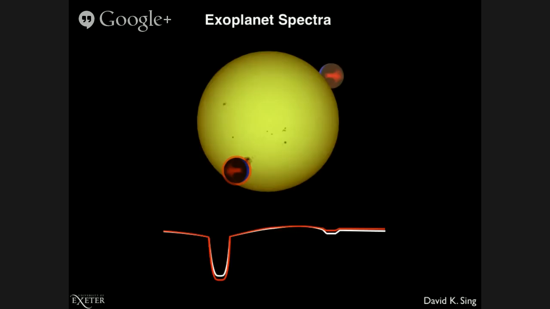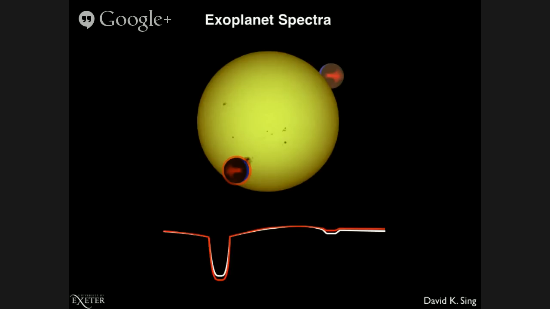Okay, so hopefully everyone knows what a transiting planet is. Those are planets that pass in front of their host star as viewed from the Earth, and we can use these to get spectra out. So how do we do this? Well, as a planet transits, the light filters through the atmosphere and it leaves a spectral imprint.